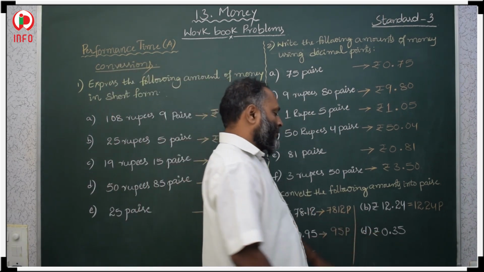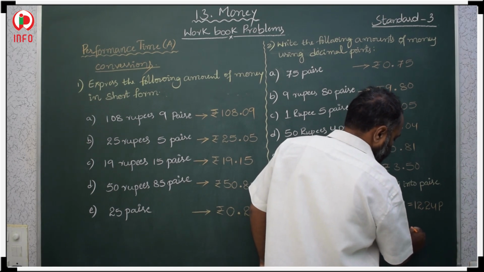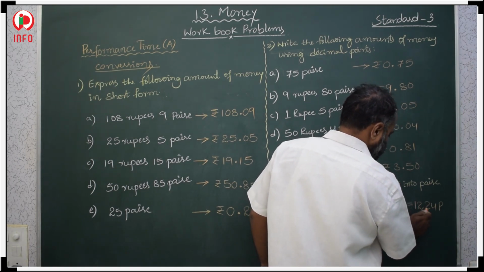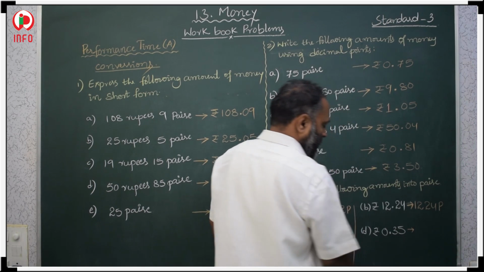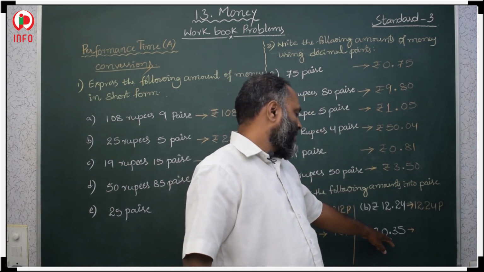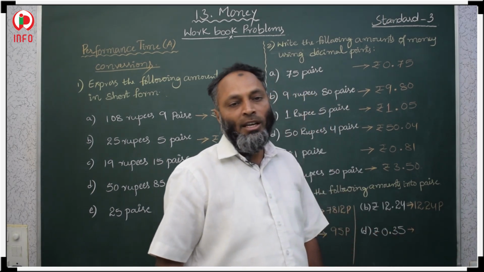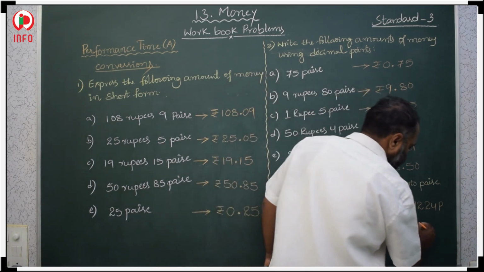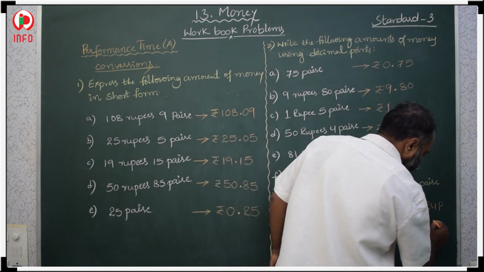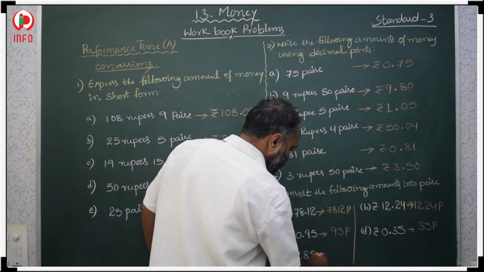Here also 0 rupees 35 paisa. Just remove this point and this rupees symbol, you will get 035, that is 35 paisa.